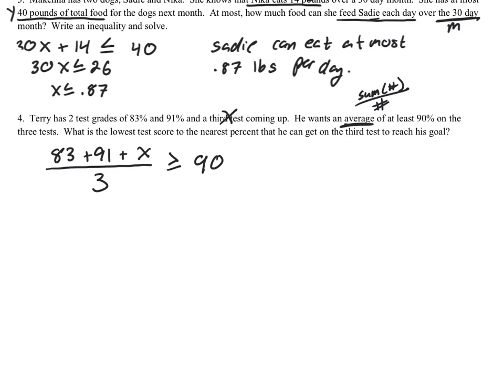All right, so let's go ahead and solve this. I'm going to first simplify that numerator by combining like terms, 83 plus 91. So we're going to get 174 plus x divided by 3 has to be greater than or equal to 90. Okay, so now we can solve.